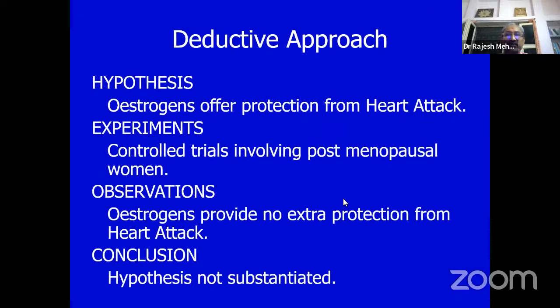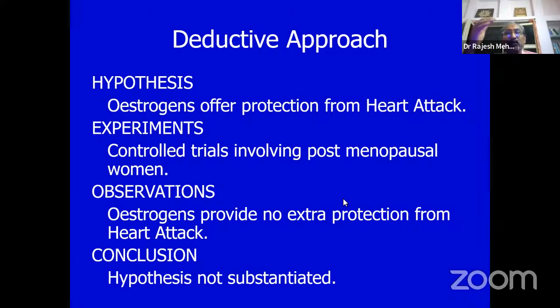Now, the deductive approach. The theory is that estrogen offers protection from heart attack. Then you do the experiments, controlled trials involving postmenopausal women, and give some of them estrogen, and some you give no estrogen. And you observe that estrogen provides no extra protection from heart attack. Then you say that the hypothesis is not substantiated.